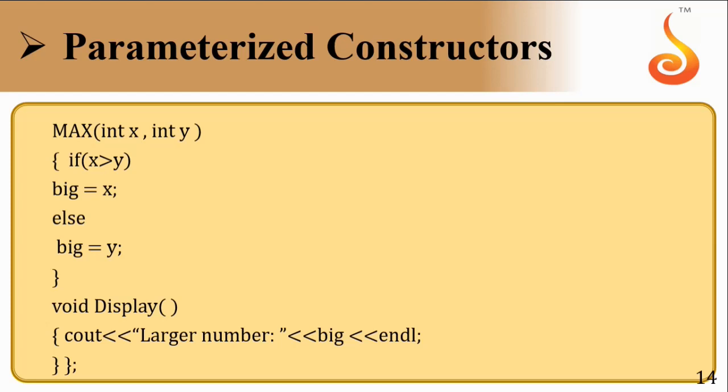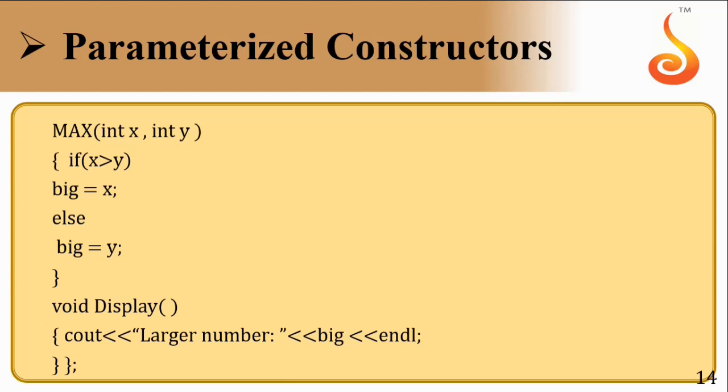Since there are only two cases, it should be greater than y or less than y. What happens if both are equal? If both are equal, it will go to the else part and make big equal to y, because x is 10, y is 10. 10 is not greater than 10. So the if is not true, it goes to the else part and big is equal to y.